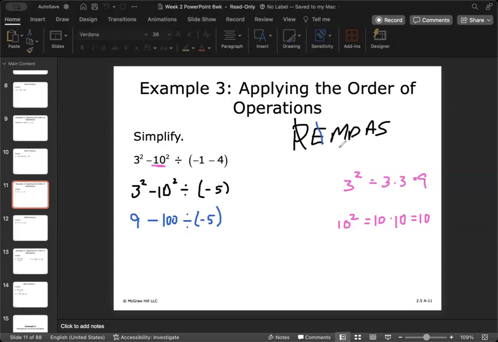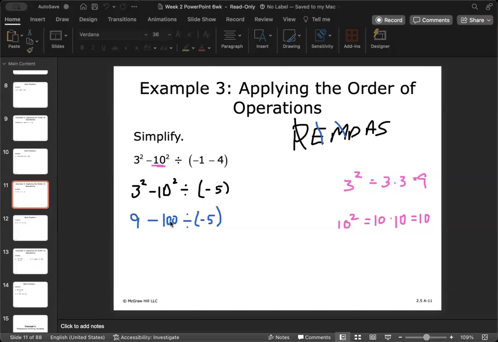Exponent done. Multiply, divide. Well, we don't have multiplication in this case. We do have division right here. So how do we do the division? One thing to take note of: keep in mind that the sign in front of a number is attached to it as the sign itself.